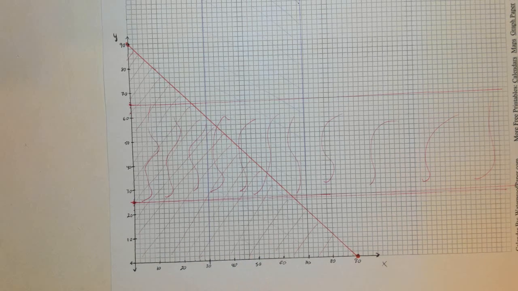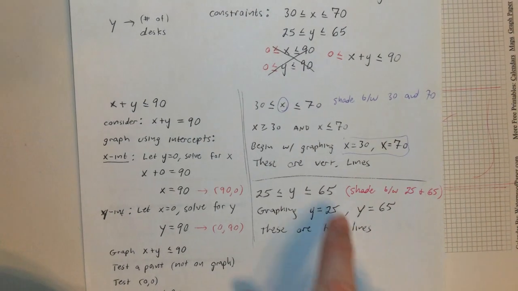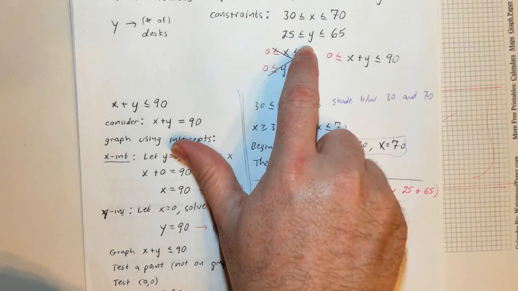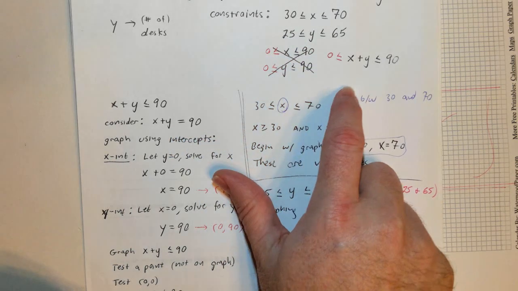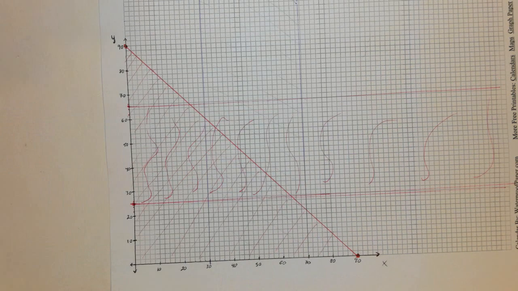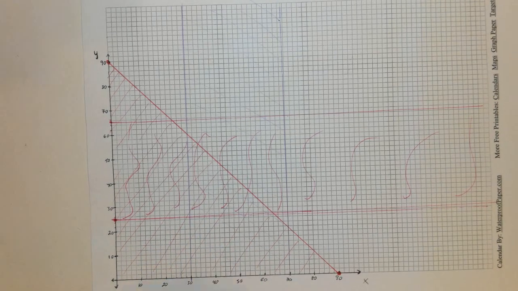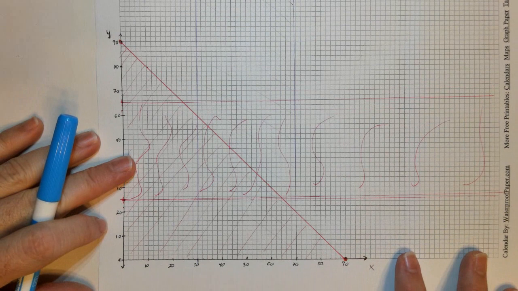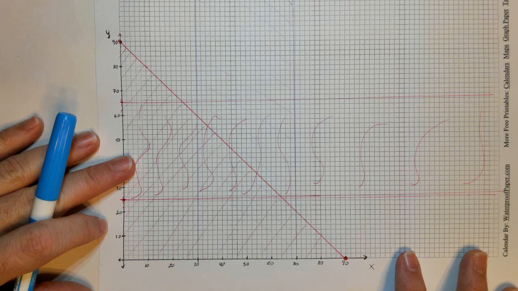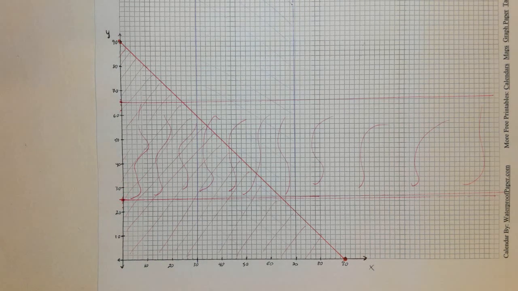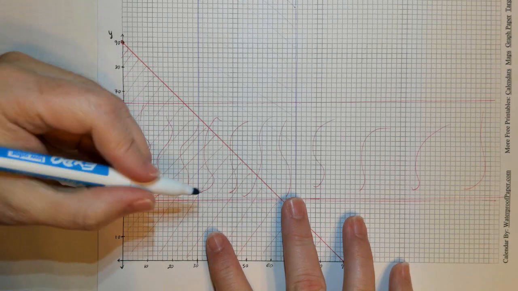Well, I believe we have looked at all of our constraints. That was the vertical lines, these were the horizontal lines, that was what we started with. So we got everything we want. So, what happens is this creates a shape. In this case, it looks like we have a triangle.